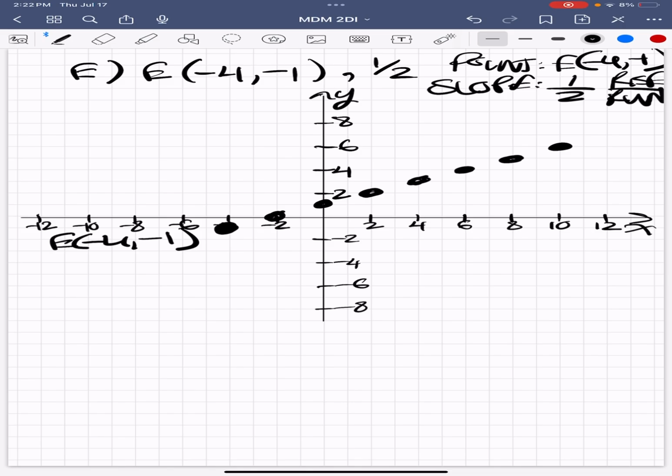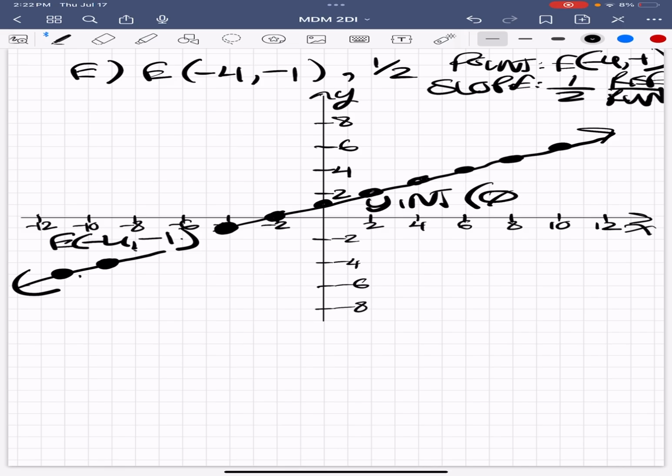And then we have our y-intercept right there being 0, 1.